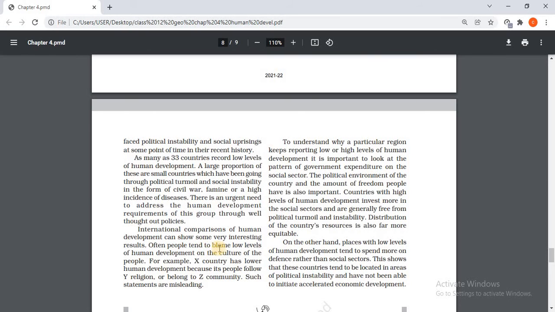Often people tend to blame low levels of human development on the culture of the people. For example, X country has lower human development because its people follow Y religion or belong to Z community. Such statements are misleading.